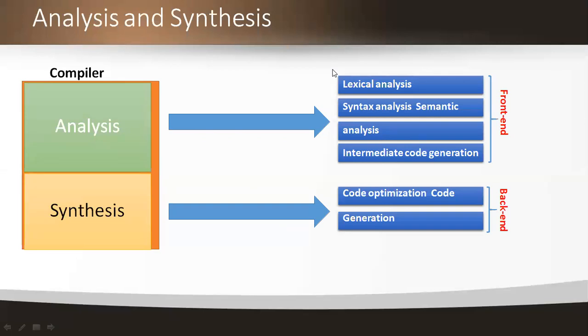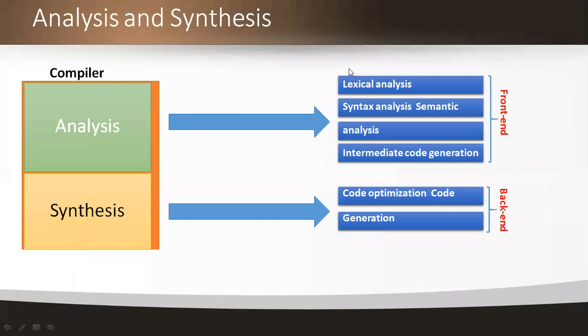What tasks is the analysis phase going to perform? The analysis phase of the compiler reads the source program and divides it into constituent pieces, some core parts. Then it checks for lexical grammar and syntax errors, where these two are subparts of the analysis: lexical and syntax.